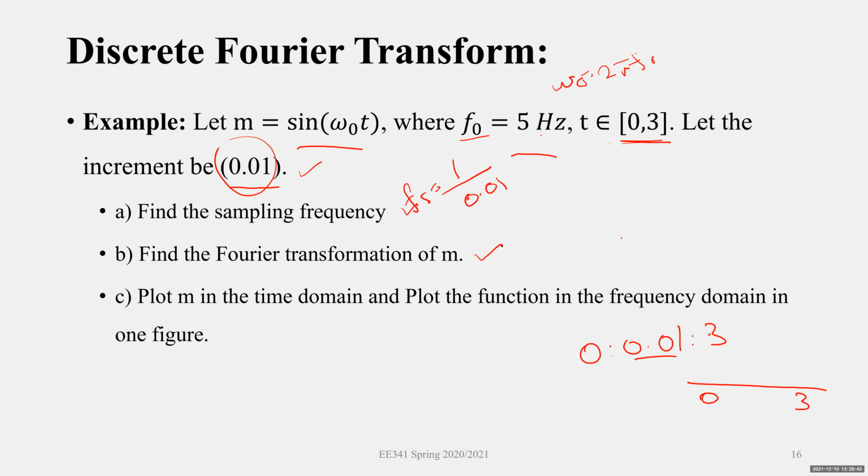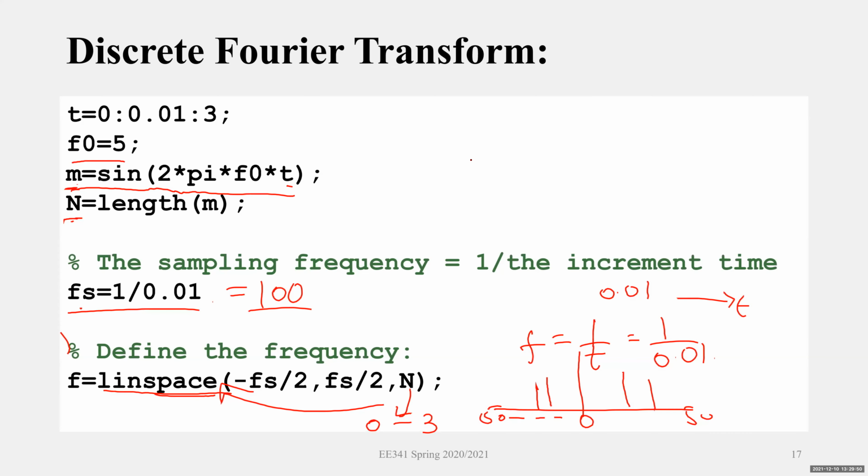Then find the Fourier transform of m. I will define my signal, and then I will find the fft of my signal. So the steps are, first of all, I will define my time scale. It will start from 0 and end at 3. f naught is the given fundamental frequency. So my signal m is equal to sine of 2 pi f naught t.